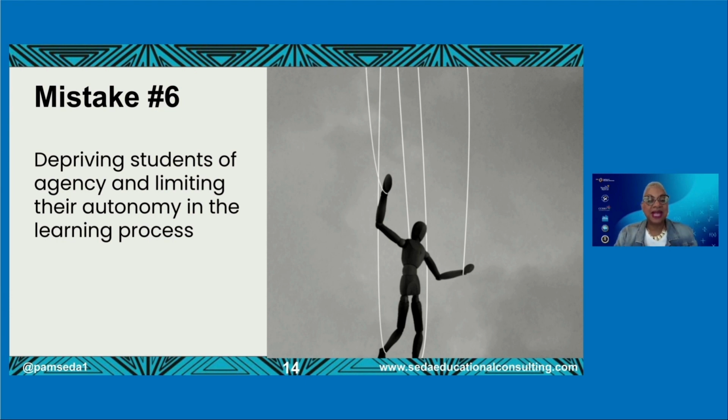All right, mistake number 6, depriving students of agency and limiting their autonomy in the learning process. And this is pretty much a lot of times connected to mistake number 1, but this has to do with the fact that sometimes we really want students to own their learning, but then we control every aspect of the learning process.